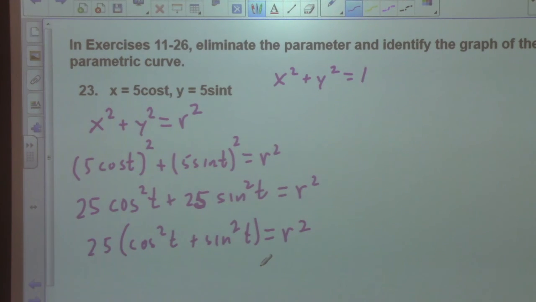So 1, so what can we do to this thing? We can simplify it, and this cancels out to become 1, doesn't it? So what do we have left? 25 is equal to r squared. And so what is r equal to? r is equal to 5. Thank you, Carmen.